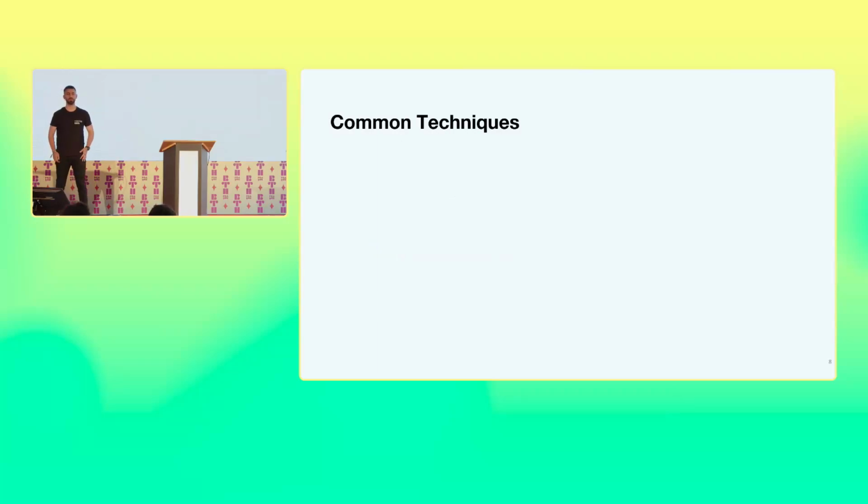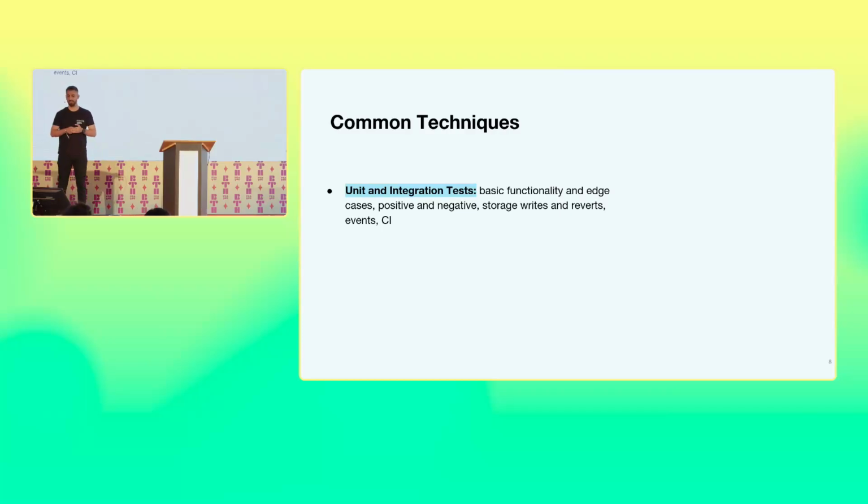So we were focusing on the theory and the mindset so far, and let's start talking about the practice. So just like any other blockchain team out there, the foundation of our testing framework is unit and integration tests. So we test basic functionality, we test each edge case that we can think of, and we write positive and negative tests.